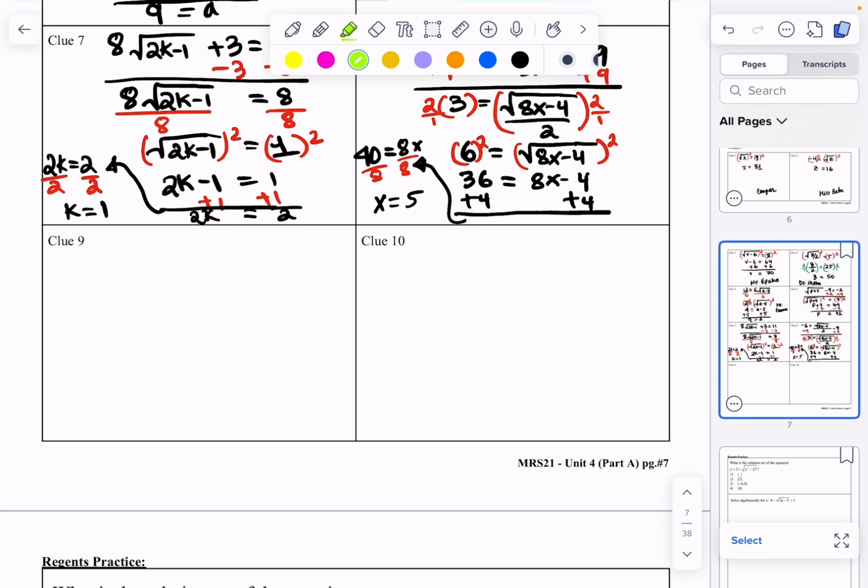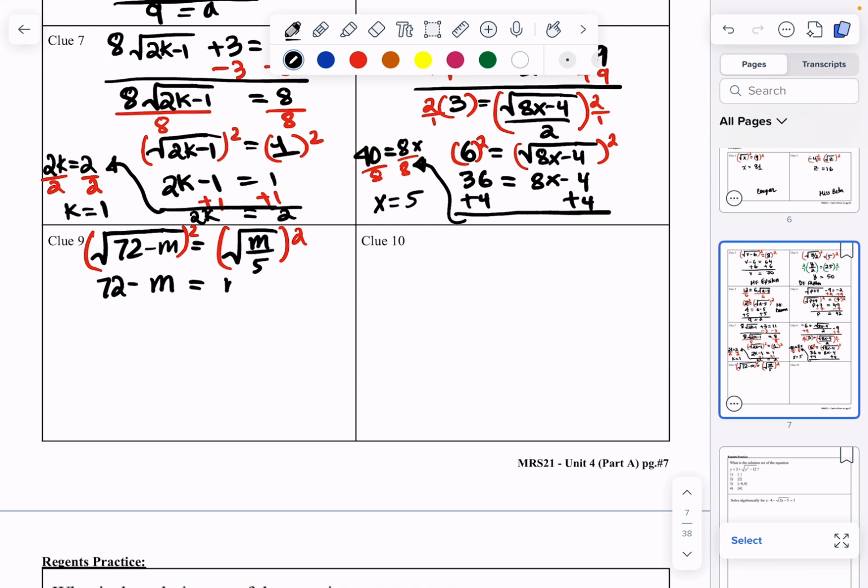Clue number 9. We have radical on both sides. We have radical 72 minus m is equal to radical m over 5. We square on both sides, and then we are left over with 72 minus m is equal to m over 5. Then we multiply by 5 over 1 to get rid of the denominator of 5.